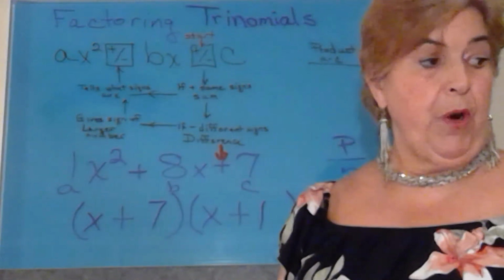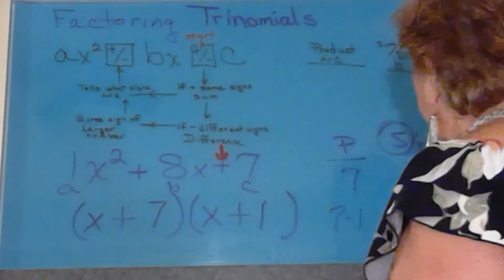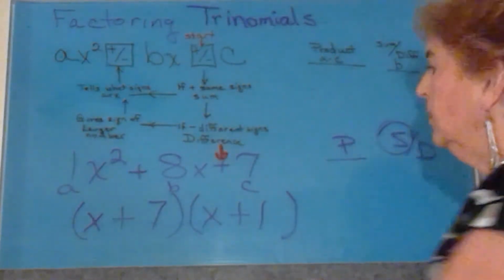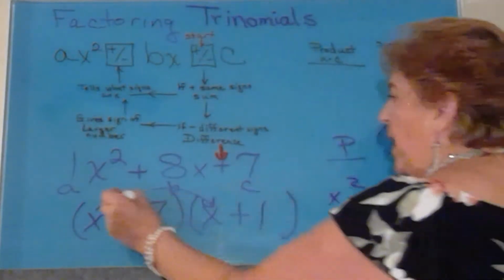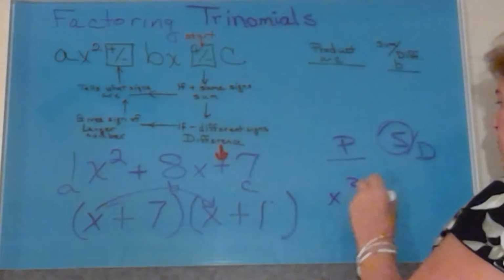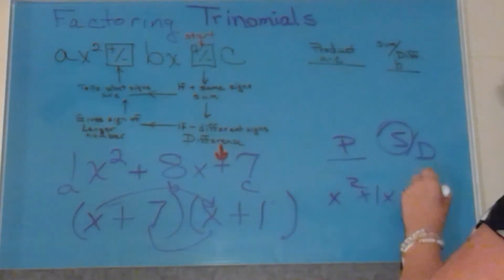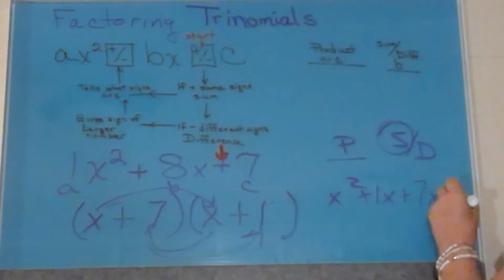I'm now finished with the problem. If you wanted to check this quickly using FOIL, you would say x times x is x squared, x times 1 is 1x, 7 times x is 7x, and 7 times 1 is 7.